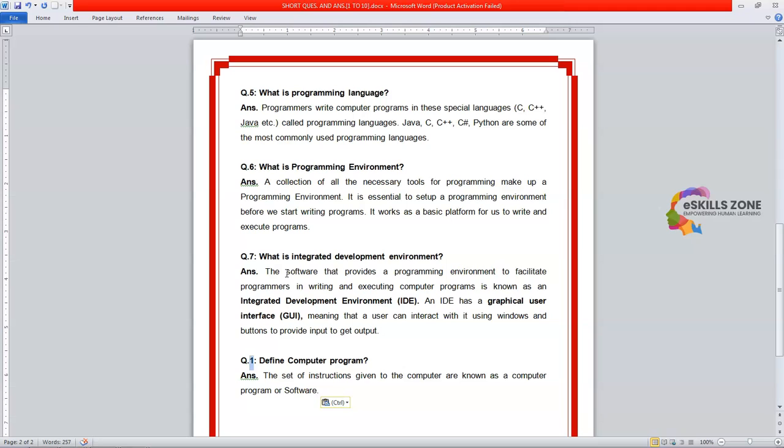Next number 8. Question is, write down the IDEs for the C programming language.